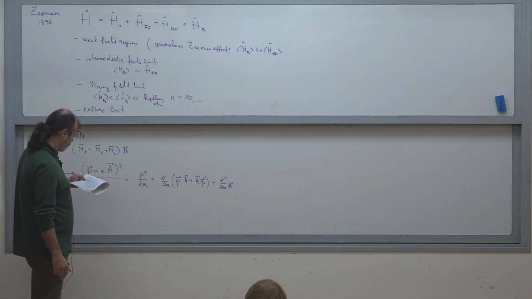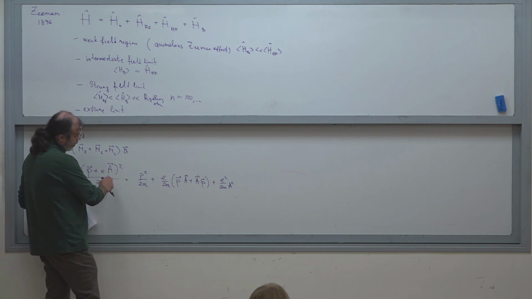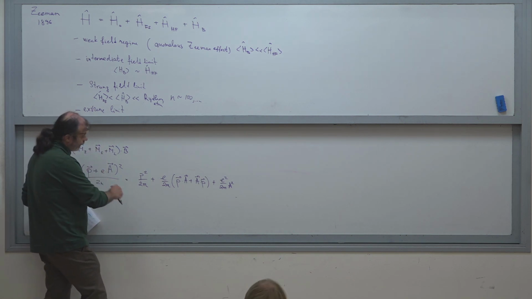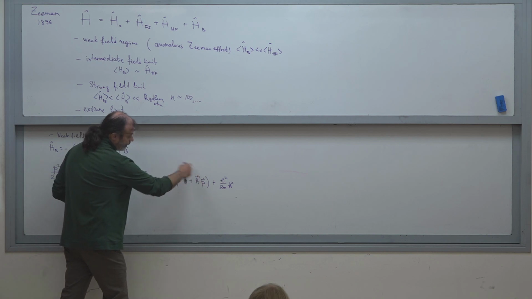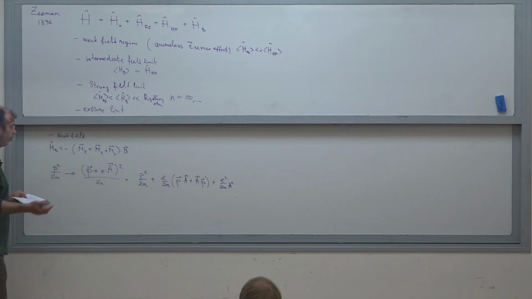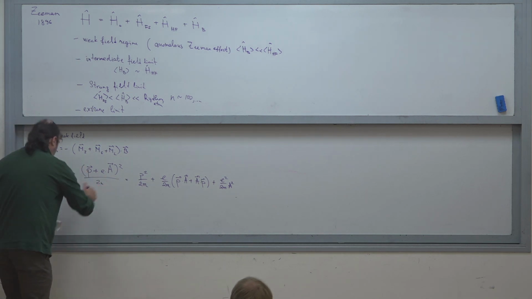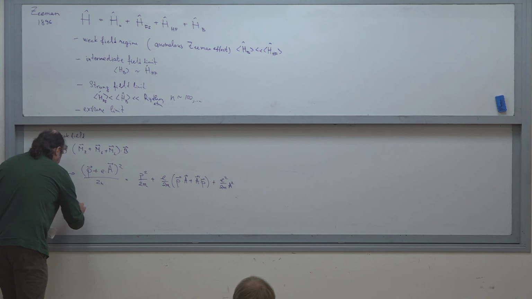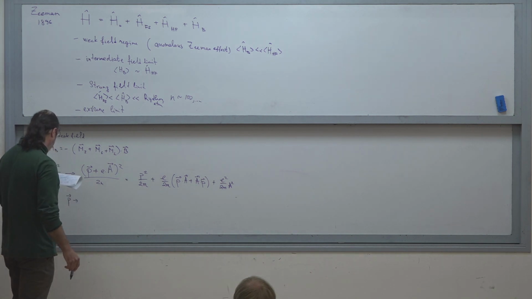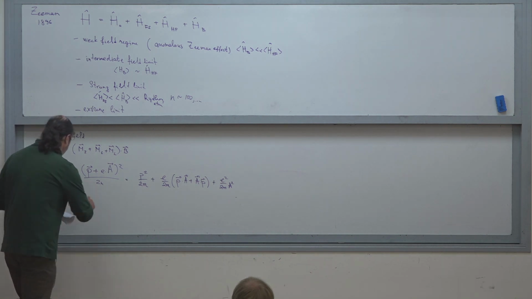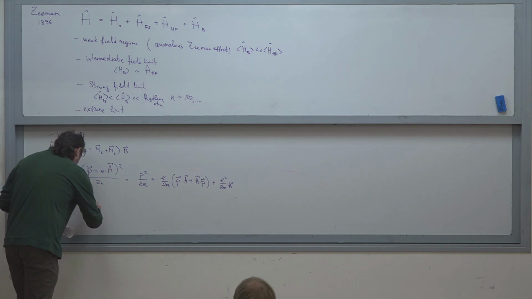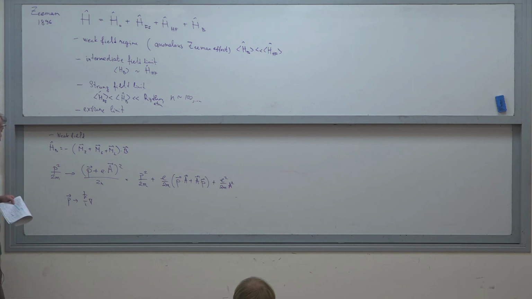Now we have to consider this part in order to see how to treat it. This part is essentially, if we consider P, the operator, which is h bar divided by i times the gradient. Is there a minus here or not?